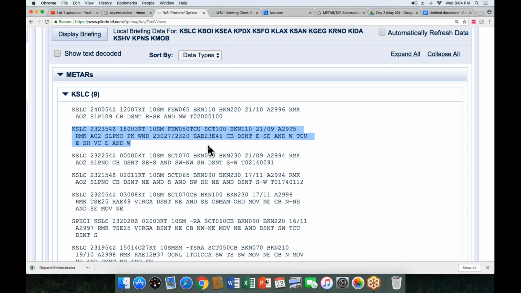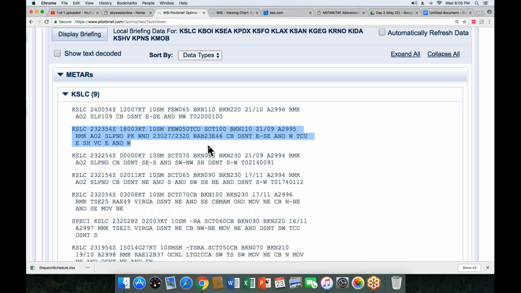So rain began at 23 minutes after. And then it ended at 46 after. Exactly.